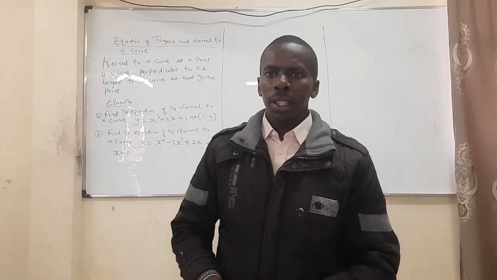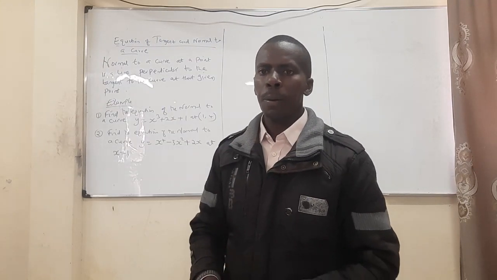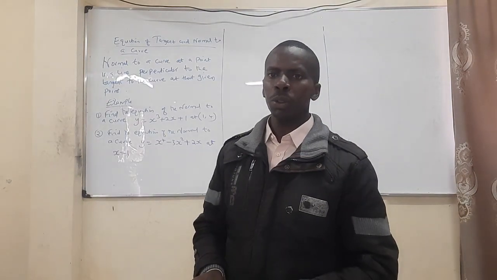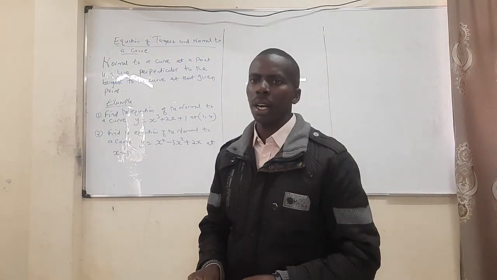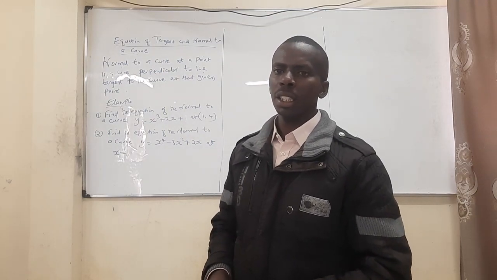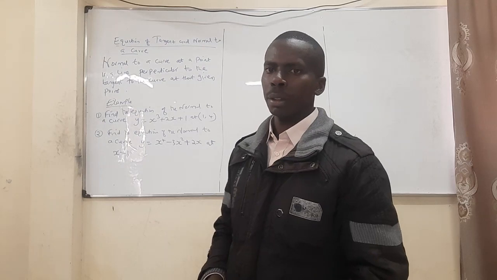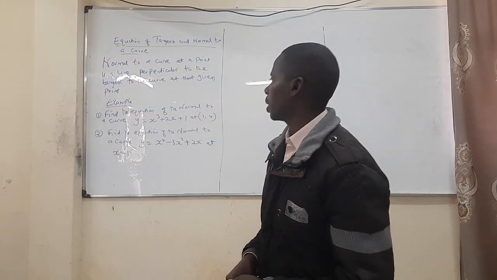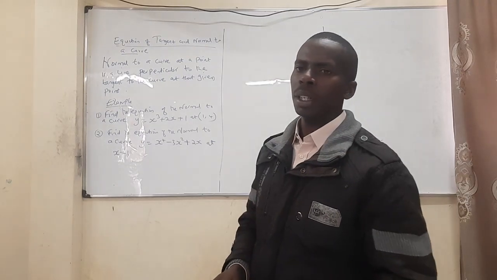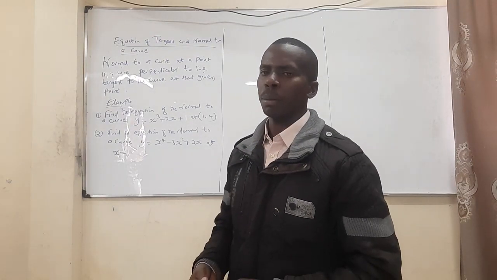So let's look at the normal. What is a normal to a curve? A normal to a curve is a line that is perpendicular to the tangent at a given point. So in this case, the basic thing to remember is the perpendicular line.